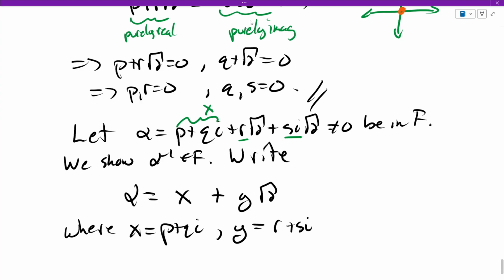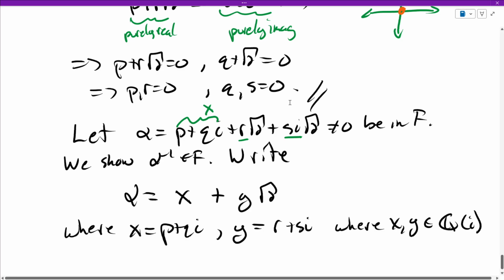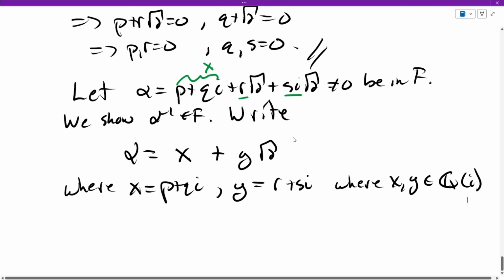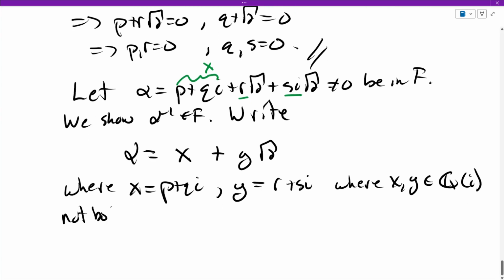Notice here that x and y are in Q adjoin i, and since at least one of p, q, r, or s is non-zero, our x and y are not both 0. One of them has to be non-zero because one of the coefficients is non-zero. All right. Now what?